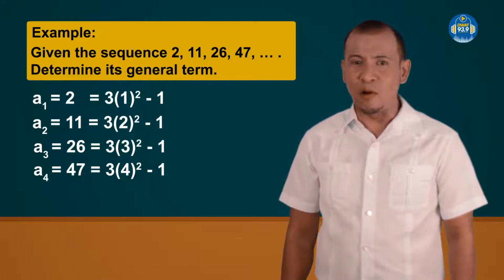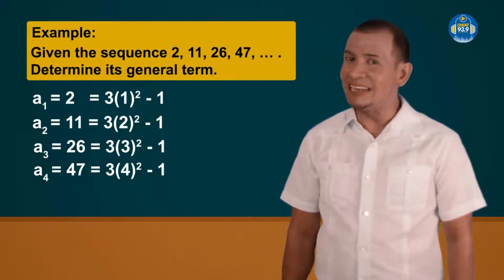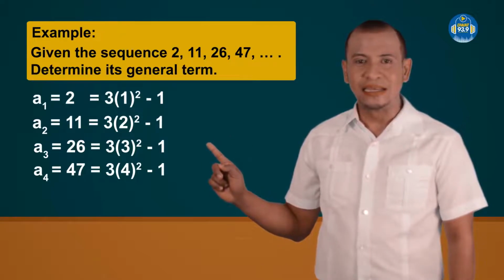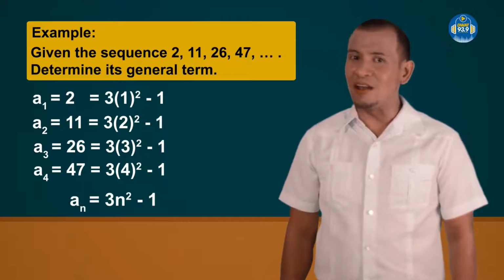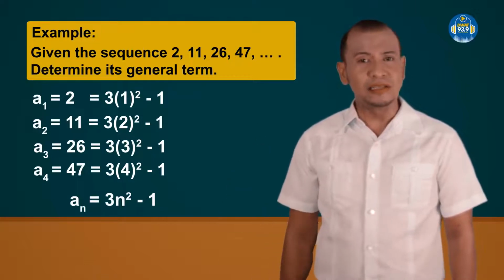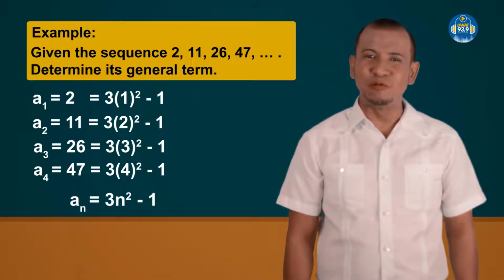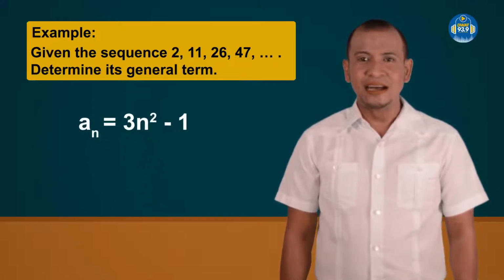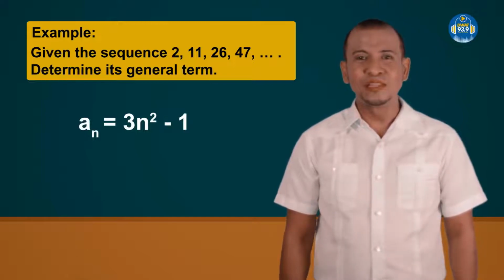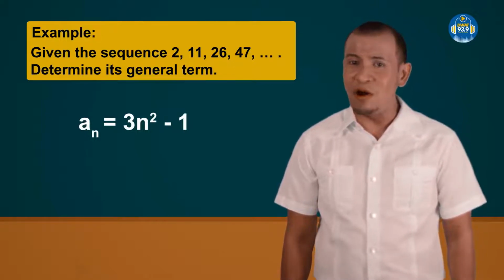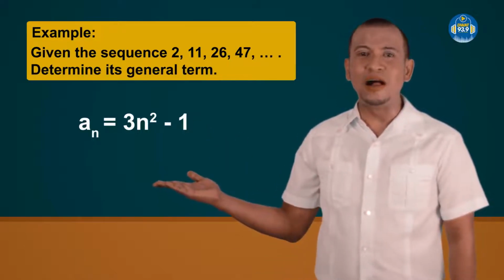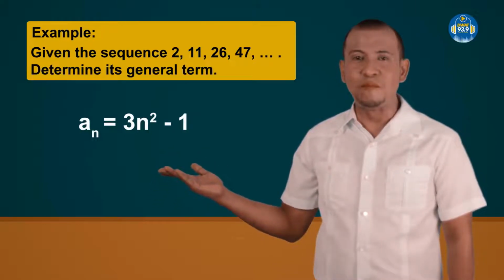A sub 4 equals 47, and that is 3 times 4 squared minus 1. So, a sub n equals 3 times n squared minus 1, or 3n squared minus 1. Therefore, the general term of the sequence 2, 11, 26, 47, and so on can be expressed as a sub n equals 3n squared minus 1.